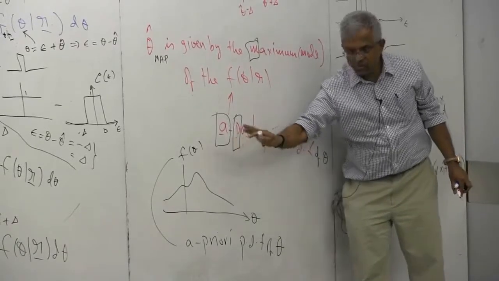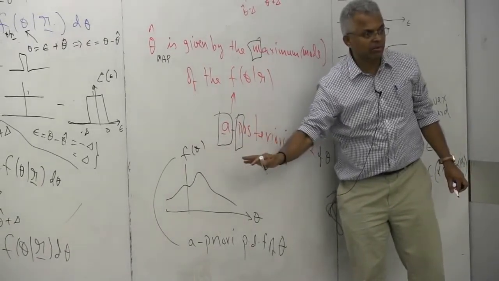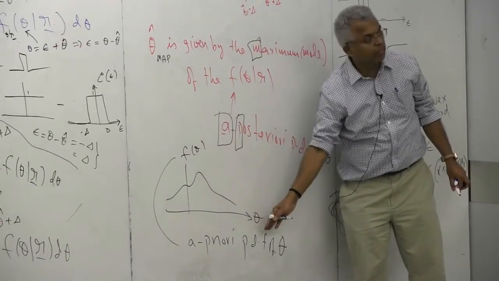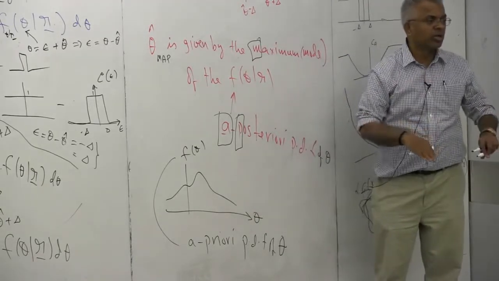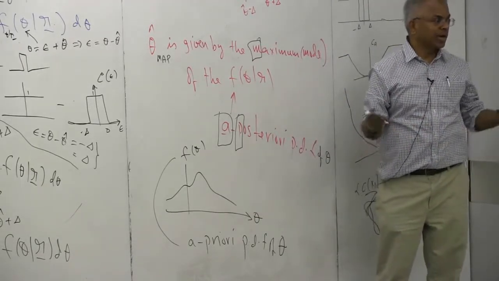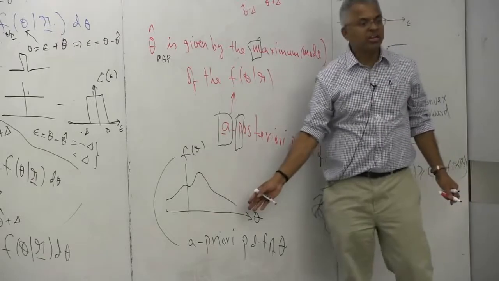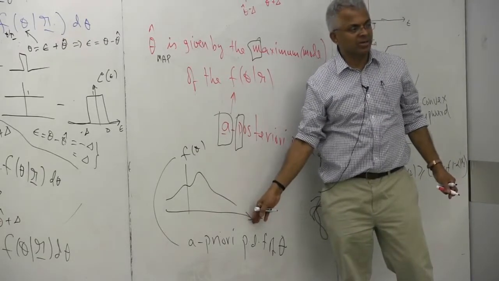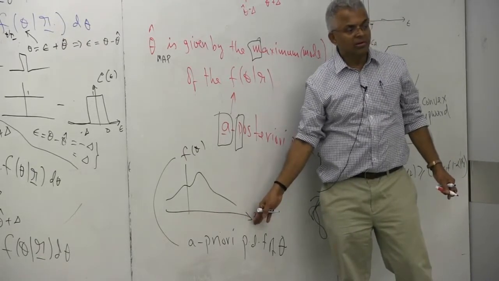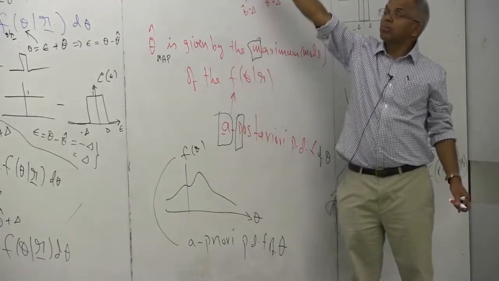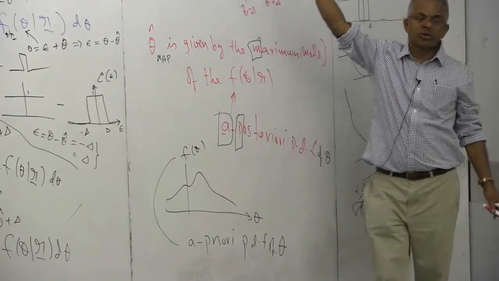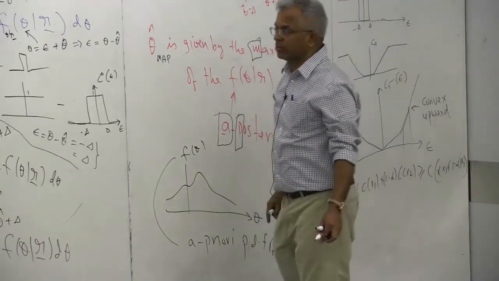One is its raw density function, without any data, that we call a priori. A priori is before. Before what? Before you collect the data. So you have some initial hunch, you collect the data, then you use the data to compute this density function. How do you compute it? This is where the Bayes theorem comes in, right?